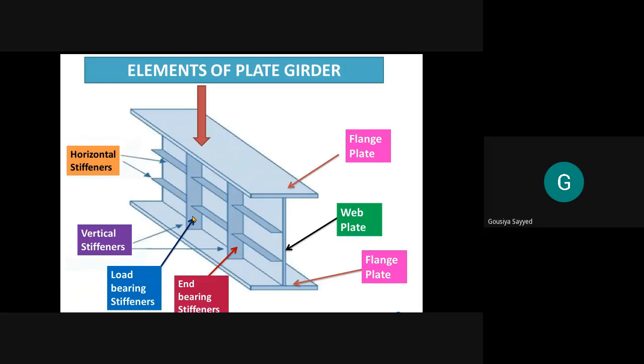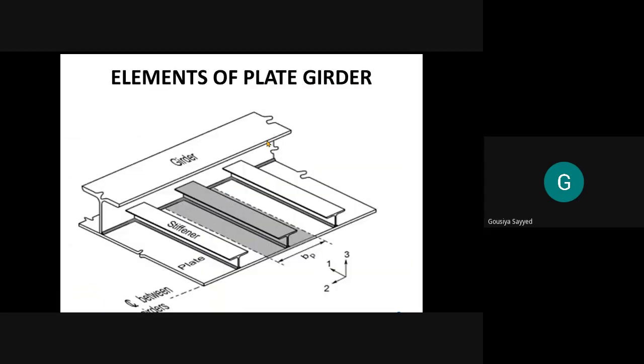And the third type, intermediate stiffeners, let us discuss with the next diagram. Just see here, the shaded blue color stiffener is known as intermediate stiffener. The stiffener which is provided in between end bearings is known as intermediate stiffener.